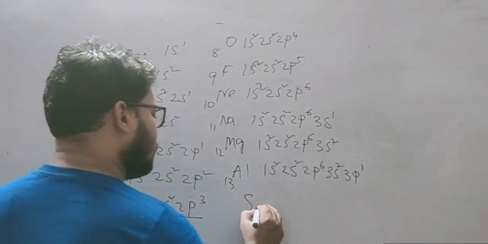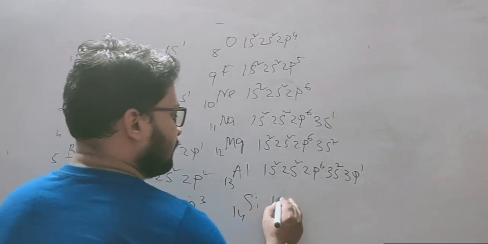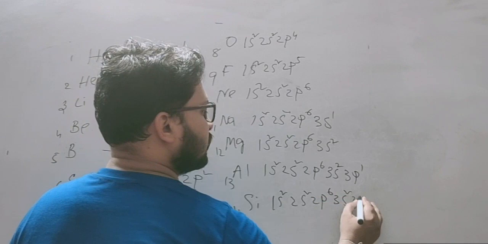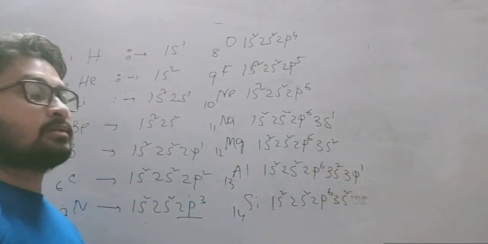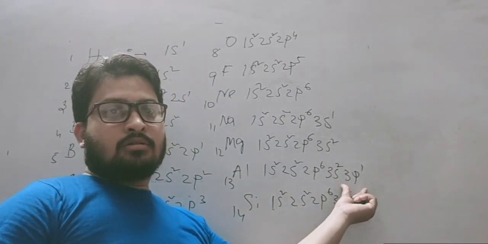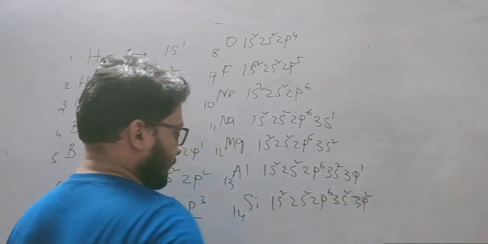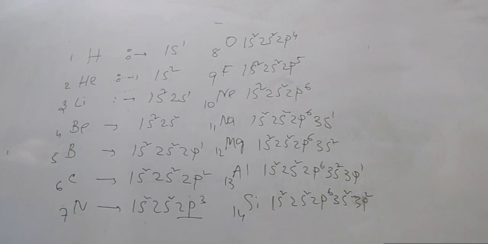Then silicon, 14: 1s2, 2s2, 2p6, 3s2, 3p2. You can fill up to 3p6.